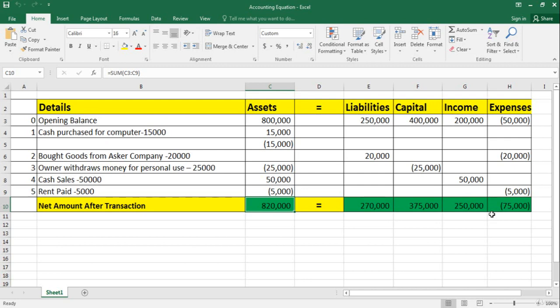These are generated by Tally itself. But to enter the transactions, we should understand the accounting concepts. That's why I took the accounting concepts in the first chapter.